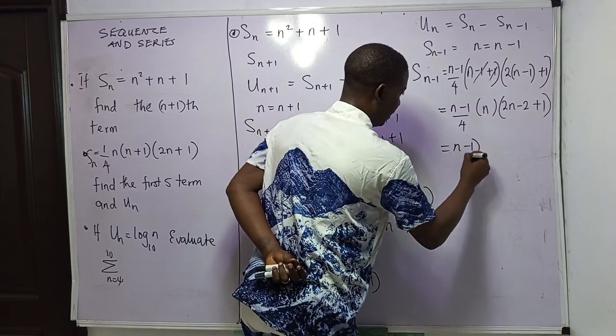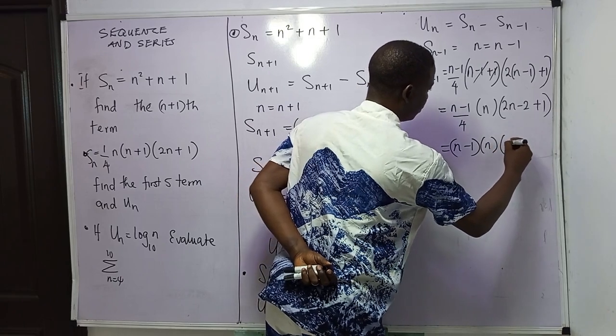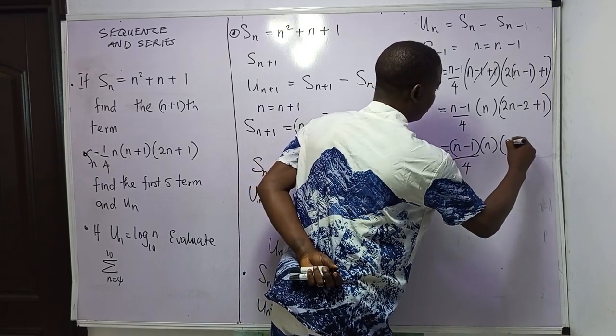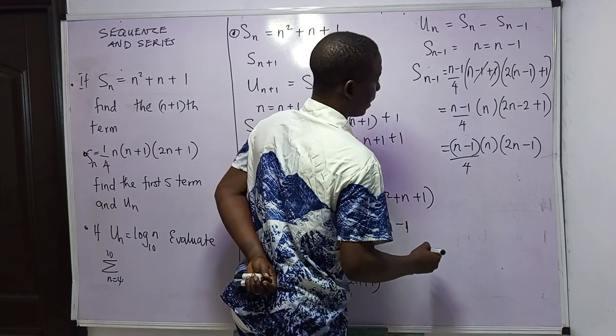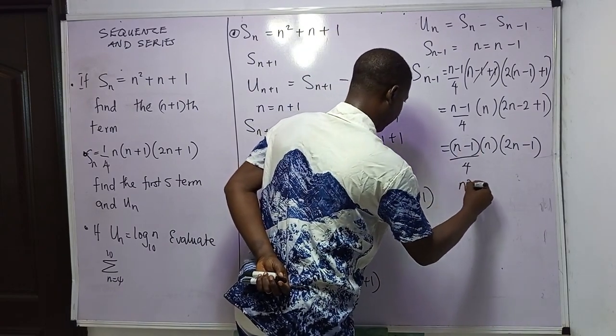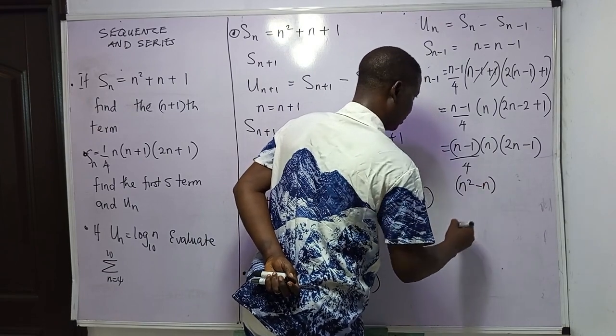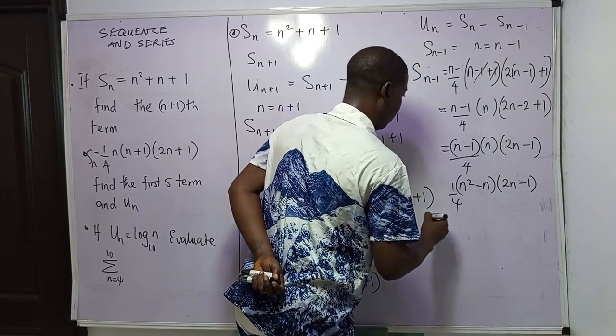So that will give us n minus 1 times n over 4, 2n minus 1. So we open the bracket, and this gives us n squared minus n, into 2n minus 1, all over 4.